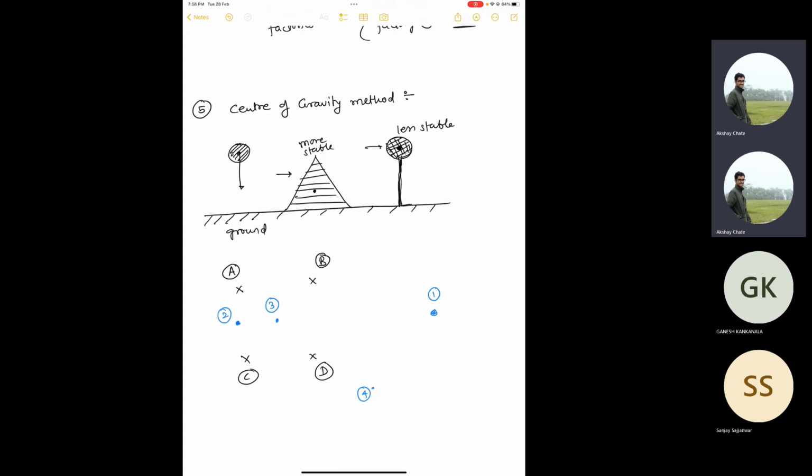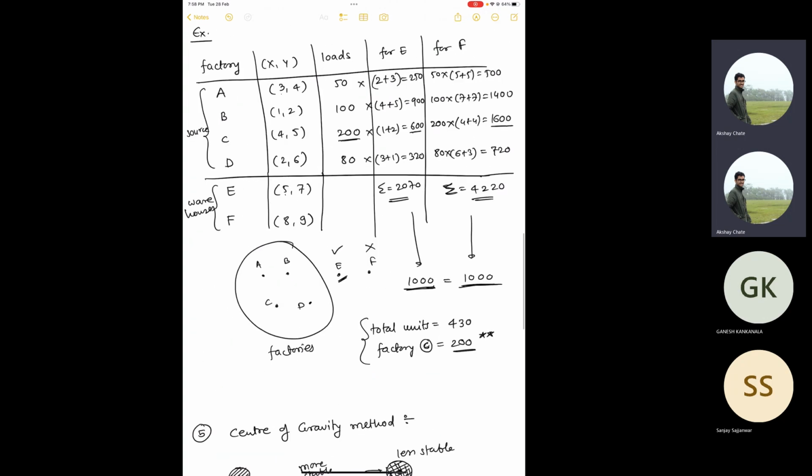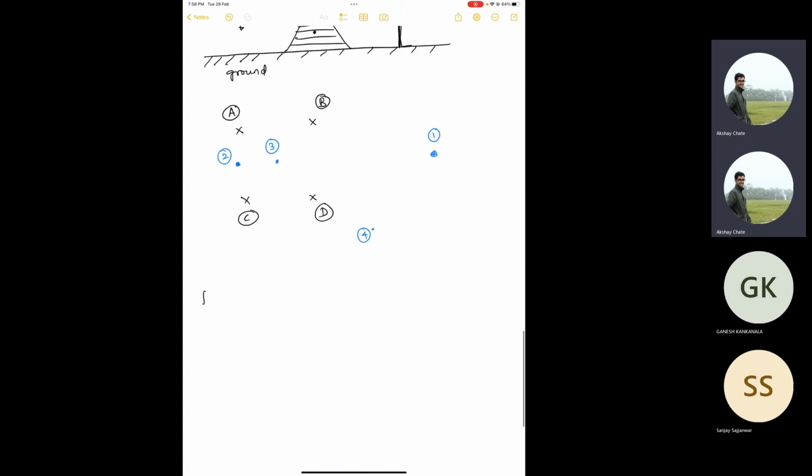So then you understand, if I put my warehouse here, my total cost of transportation will be very less, right? So we'll take the same example as we gave here, four factories A, B, C, D, and the same XY coordinates.